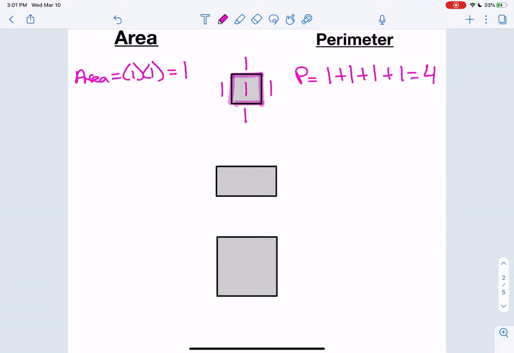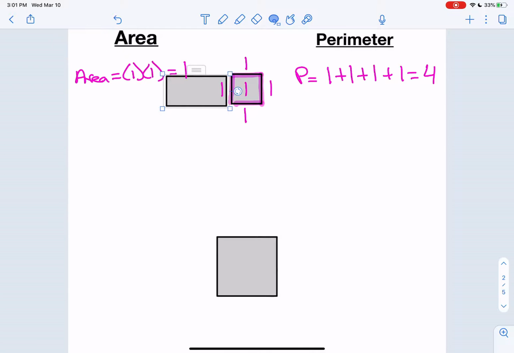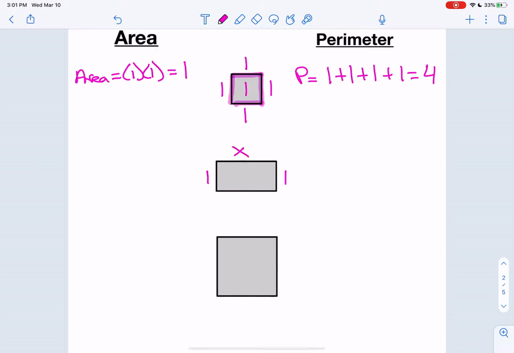All right, for the next tile, we knew that if we were to take this tile and bring it up to the one tile, they have the same length. So for this tile, the length is 1. The width we were told is x. So the area is going to equal 1 times x, which is just x.